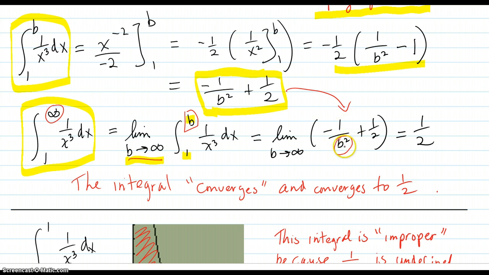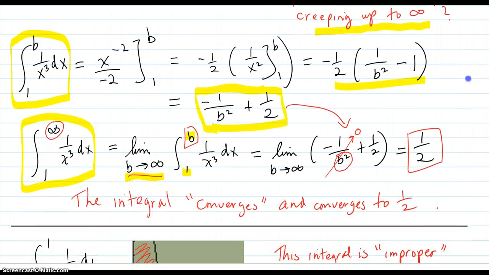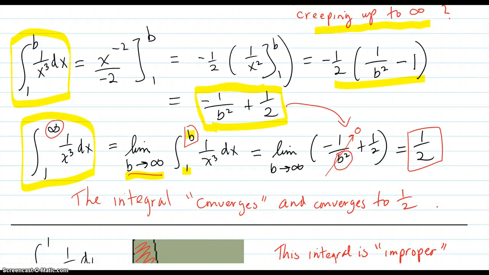Negative 1 over infinity is going to 0. So this limit goes to 1/2. And that's what our decimal numbers showed they were approaching here. So that matches up. So this integral is said to converge, and it converges to 1/2.